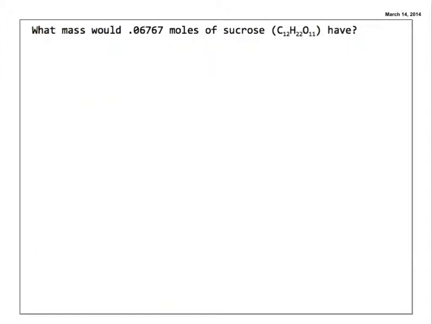What mass would you have if you had 0.06767 moles of sucrose with this formula? We worked out this molar mass in a previous problem. It has a mass of 342 grams per mole.